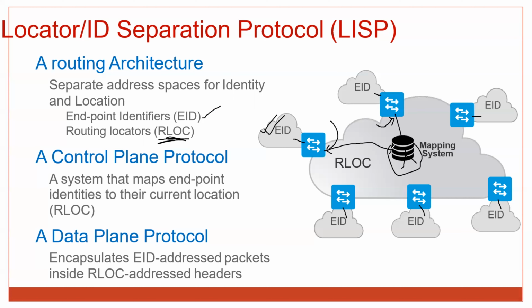So how will the LISP system come to know how to reach these edge nodes, edge devices? They are using these loopback addresses as router locators, RLOCs, to reach them. So that's why they are able to reach. Suppose tomorrow there is a requirement that this EID wants to communicate to this EID. Now these devices do not have a full routing table. They don't know how to reach from this location to this location.